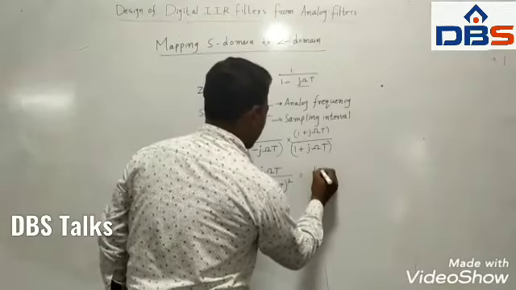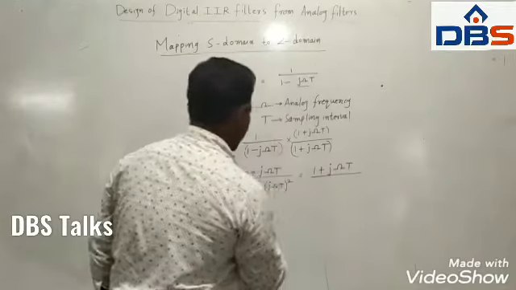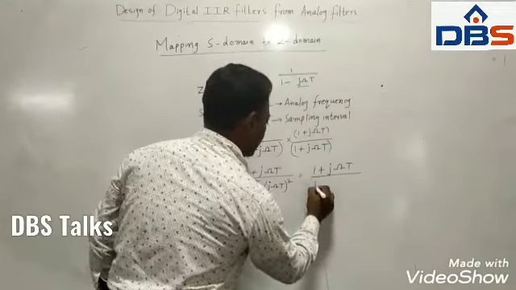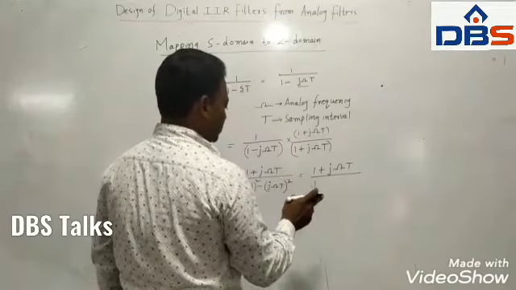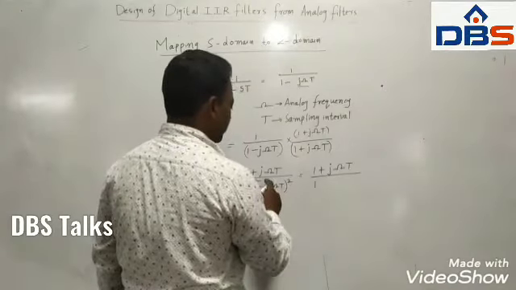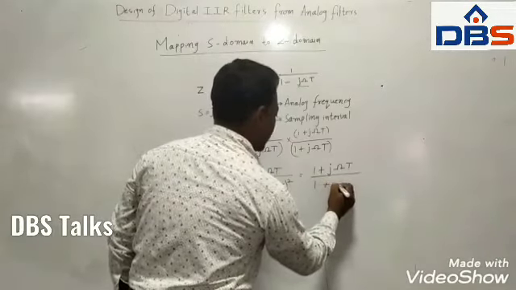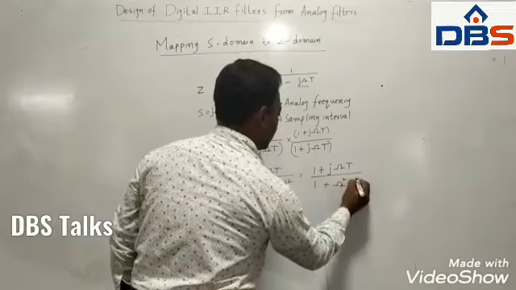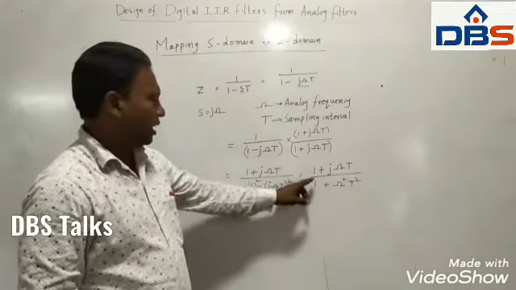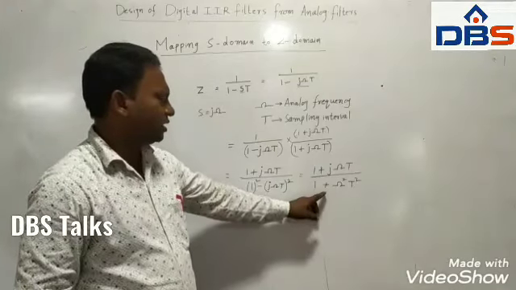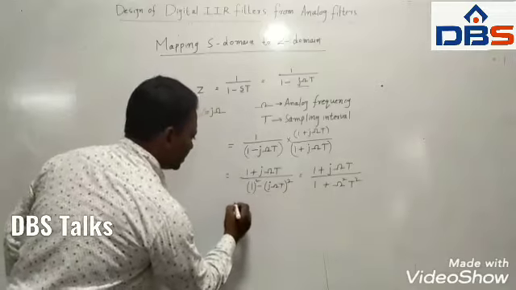So it is 1 plus j omega T divided by 1 square, which is 1, minus j omega T square. j square is minus 1, so when that minus 1 comes out, it becomes plus: 1 plus omega square T square.